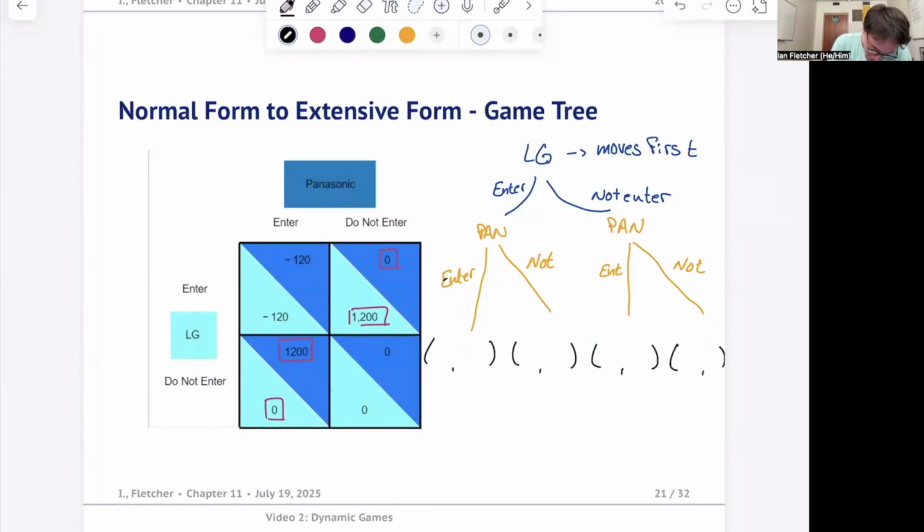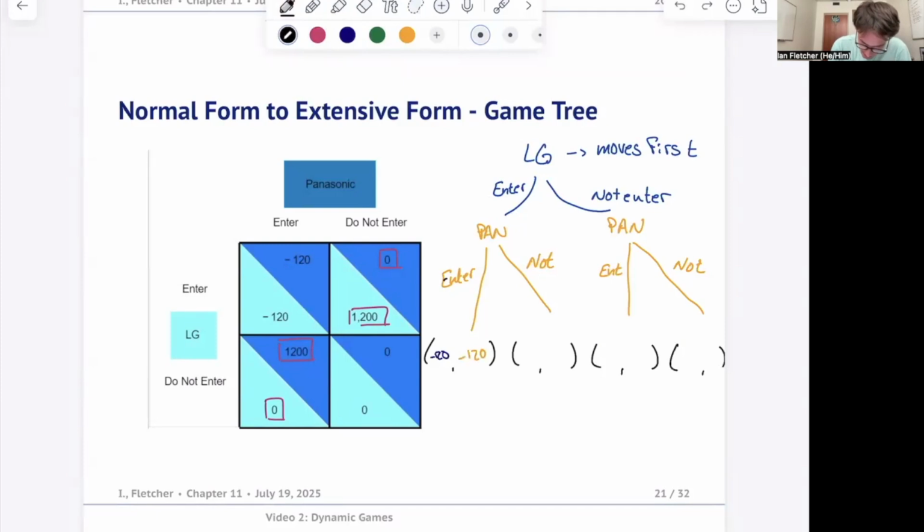If LG decides to enter and Panasonic enters, they both get minus 120. That would be this box here.